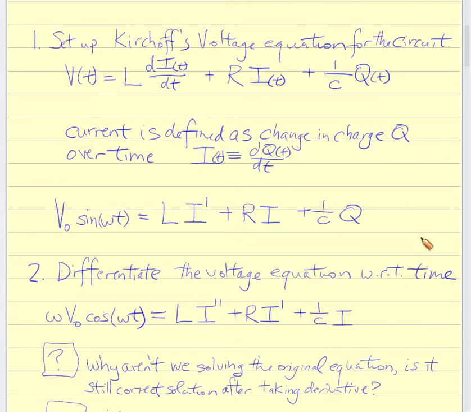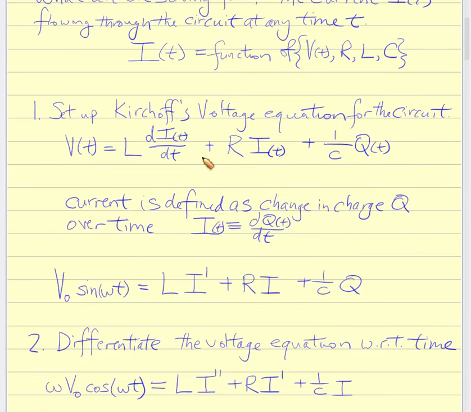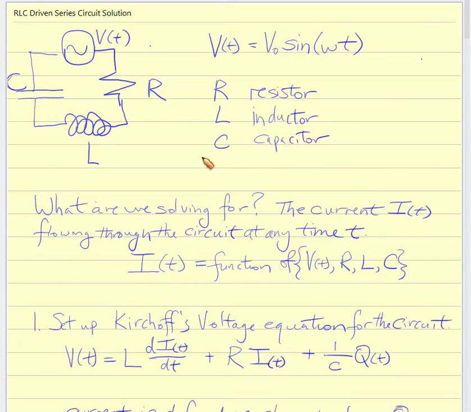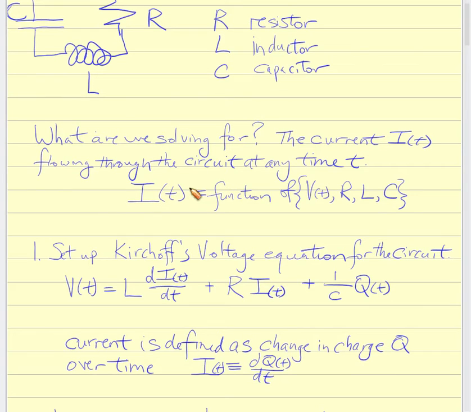I'm not going to go much into the physics behind circuits and E&M, but I'm just going to use one of Kirchhoff's laws to set up the differential equation. So Kirchhoff's voltage law says that the sum of the voltage drops across the circuit is equal to the voltage being provided.